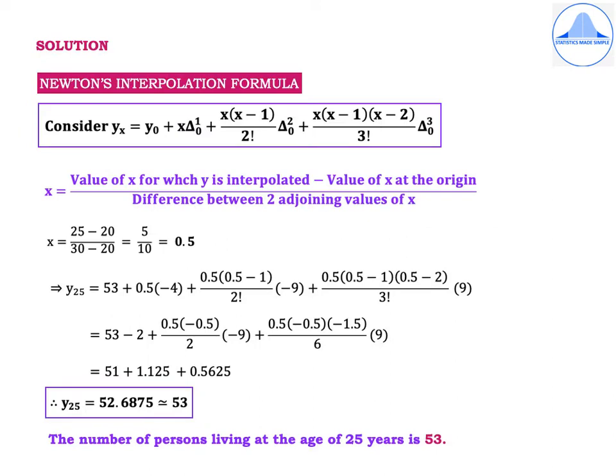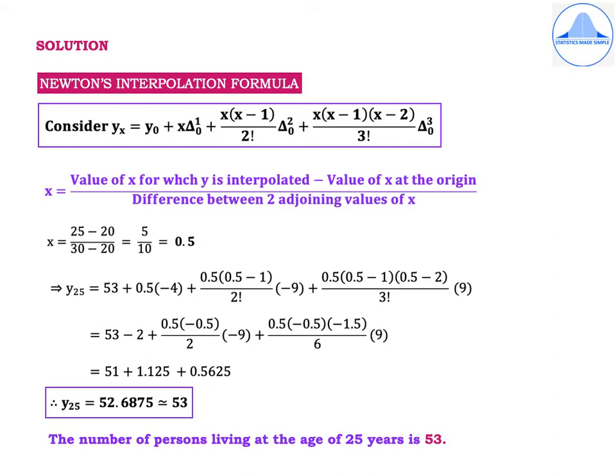Starting with the solution, write Newton's interpolation formula. Consider yx equal to y naught plus x delta naught to the power 1 plus x into x minus 1 by 2 factorial delta naught square plus x into x minus 1 into x minus 2 divided by 3 factorial delta naught cubed. And x is the value of x for which y is interpolated minus the value of x at the origin, divided by the difference between two adjoining values of x.